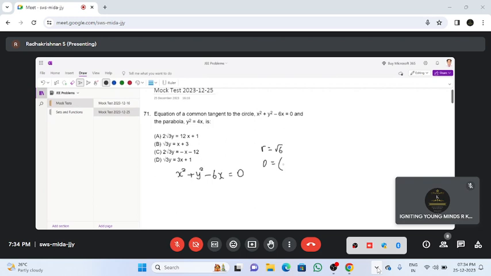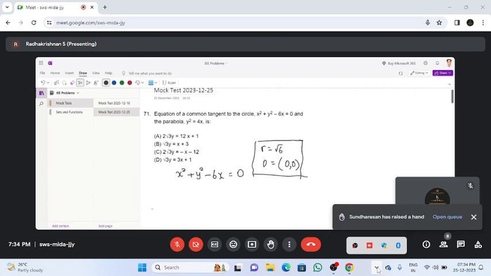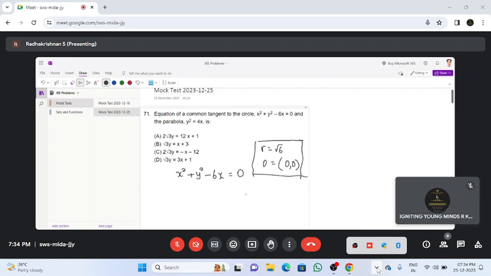Zero, 0. No, this is not the correct answer. Anybody else? Sir, the center is 3, 0. And radius? Sir, radius is 3. Radius 3. Okay, this is the correct answer.